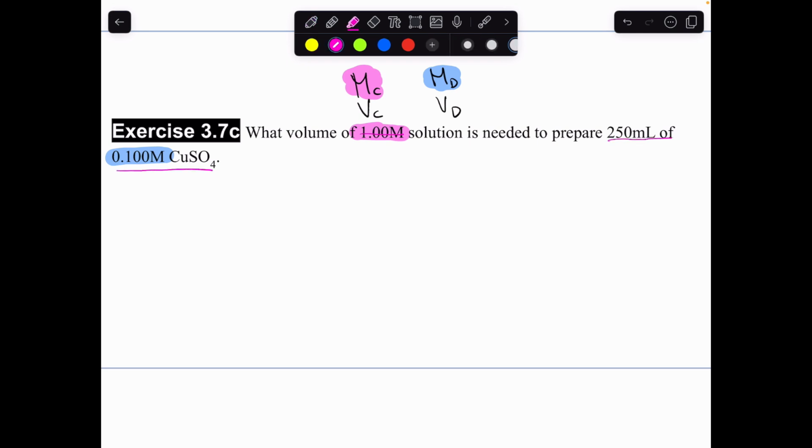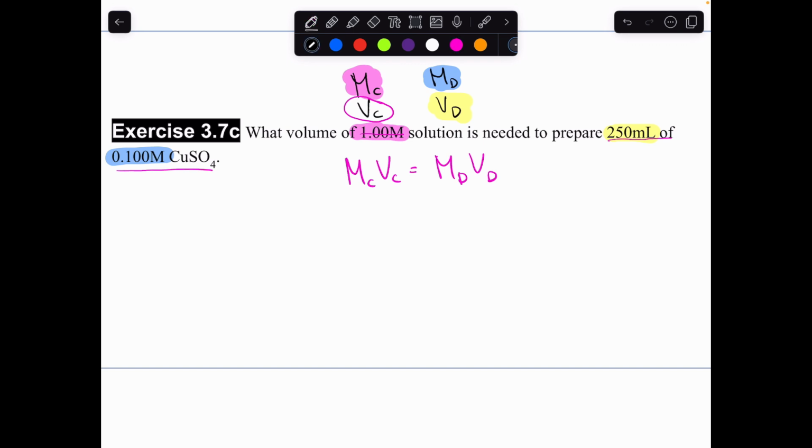That tells me this volume corresponds to how much of the diluted volume I need, and so this is my unknown variable. So let's set up our equation: MCVC equals MDVD.